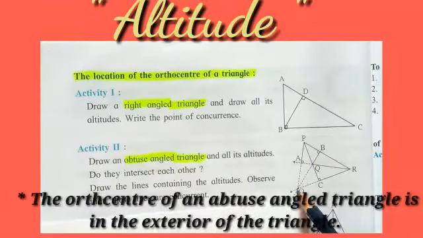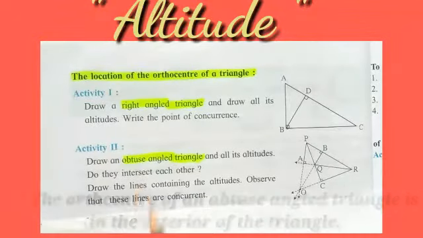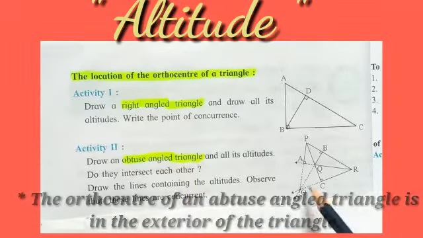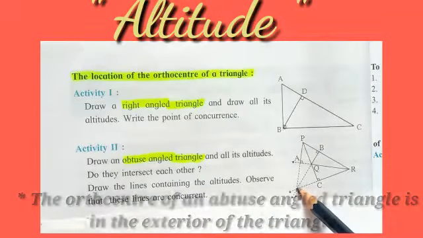It means that the orthocenter of the obtuse angle triangle is in the exterior of the triangle.